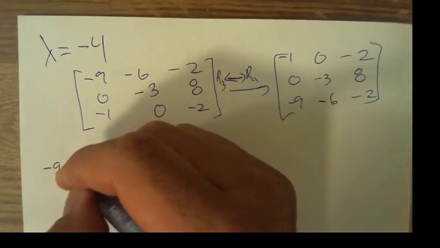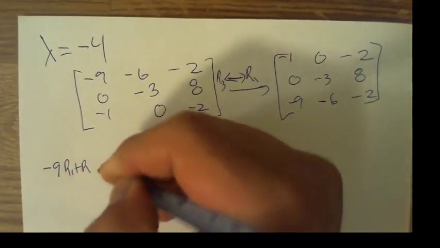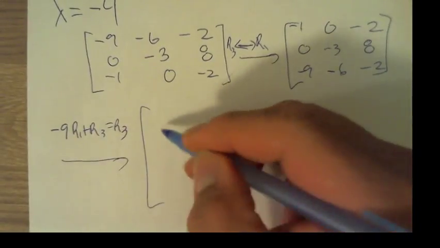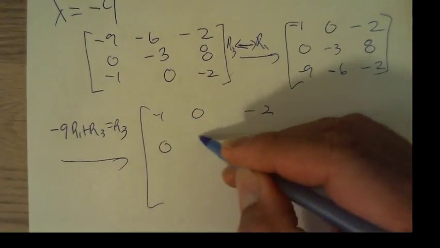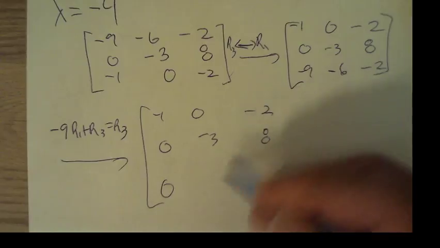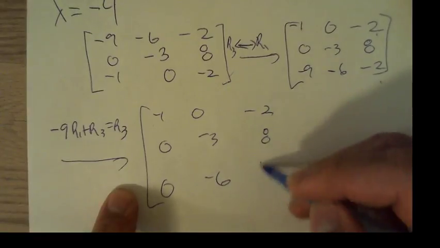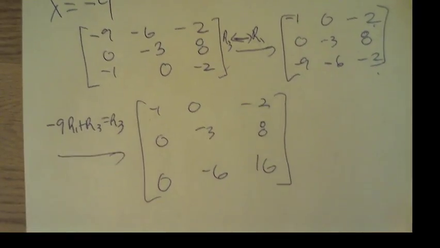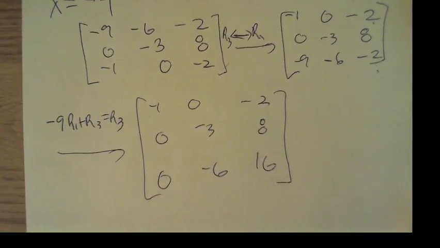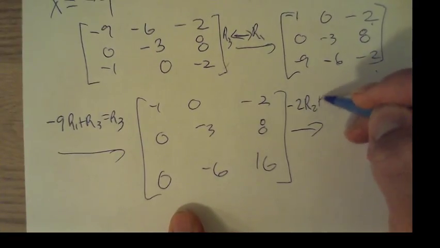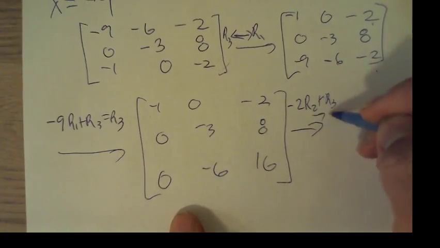So we'll multiply -9 R1, add it to R3, and that'll be my new R3. And then plus 18 minus 2, 16. Okay, and here once again, we'll have -2 R2 plus R3, and that'll be my new R3.